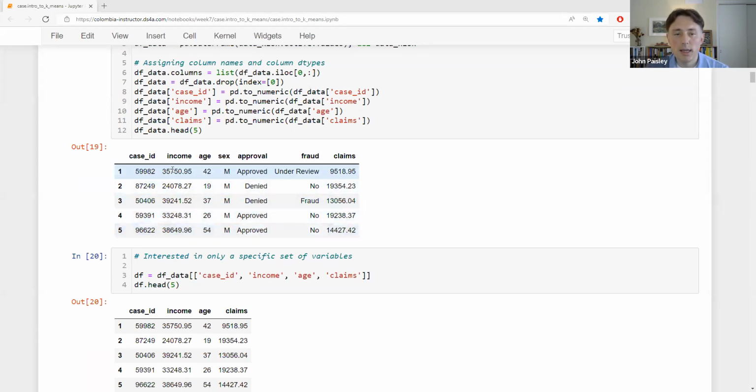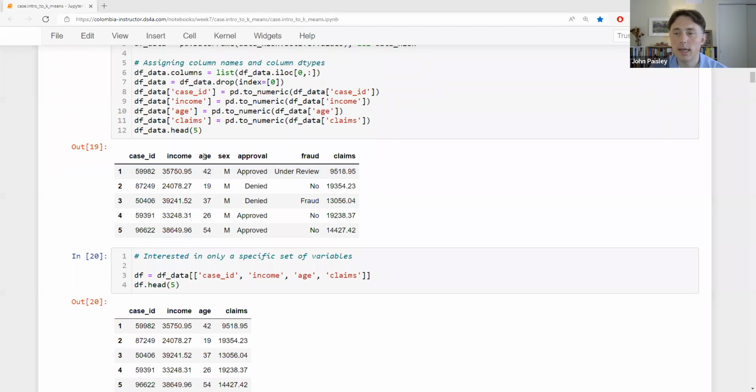The second column is the income of the person. So I should say each row here is a claim made by somebody to an insurance company. They say, I want you to give me this money because something happened. So the second column contains the income of the person filing the claim, how much money they make.